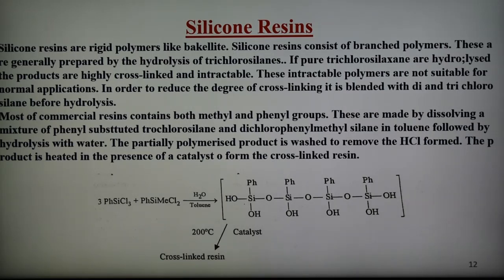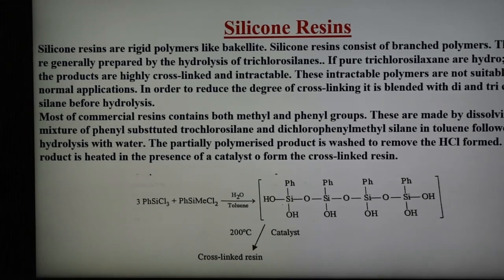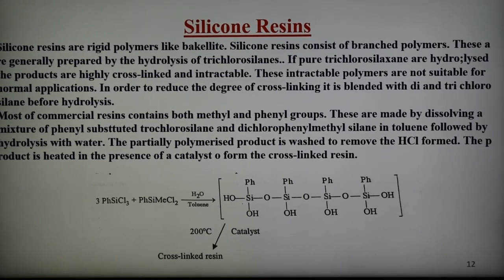These are made by dissolving a mixture of phenyl-substituted trichlorosilane and dichlorophenylmethylsilane in toluene, followed by hydrolysis with water. The partially polymerized product is washed to remove the HCl formed. The product so formed is heated in the presence of a catalyst to form the cross-linked resin. The reaction is shown here, how the cross-linked resins are formed.